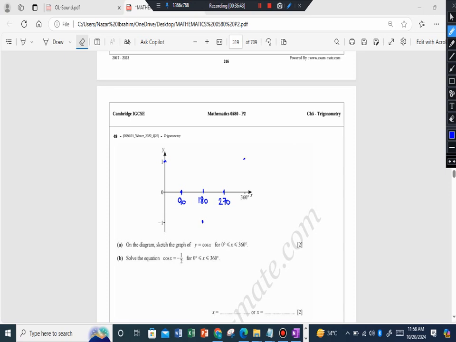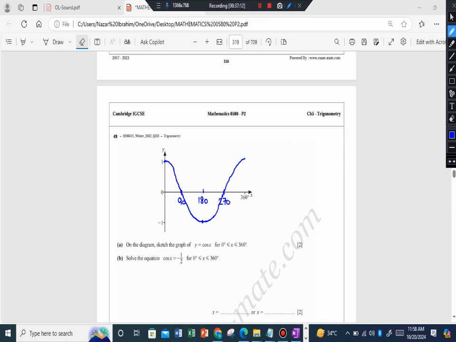So the 5 points, it starts like this, joins like this, and it comes here, like this. Here is the curve of cos x, and we should keep in mind that this is sketching, not plotting, right?